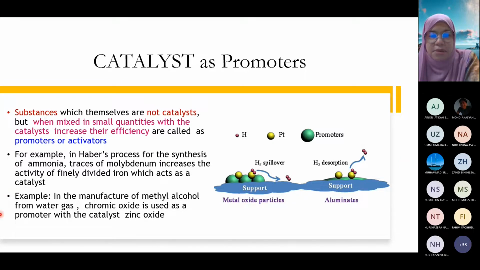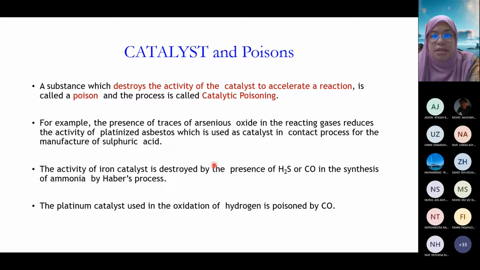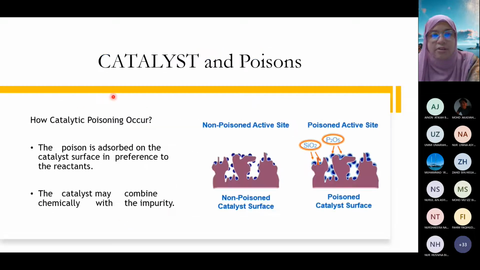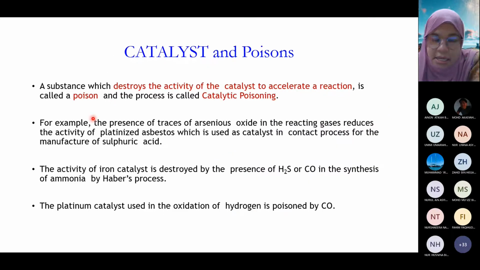Okay, so this is an example of a process that involves promoters to increase the function of the catalyst. Okay, Haber process ataupun the manufacturing of methyl alcohol from water gas shift lah ni.